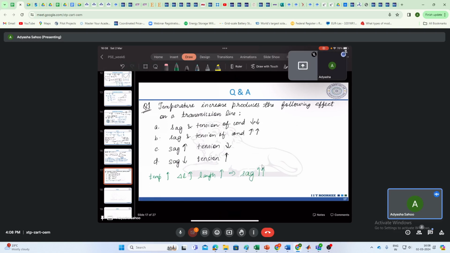And we know sag and tension are inversely proportional. So when sag increases, that is, the conductor will now be like this, that means tension will decrease. It will be option C.